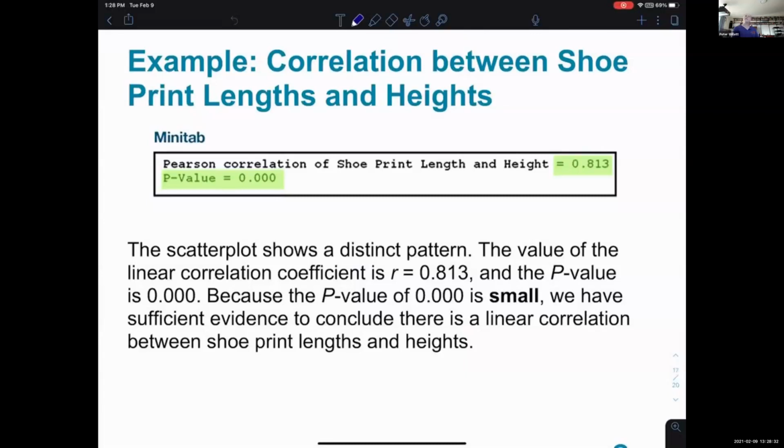The value of the linear correlation coefficient was now over 80%, and the p-value dropped down to nothing, at least to 3 decimal places. Because it's basically saying there's no chance that you could have taken 40 data values and gotten an 80% correlation coefficient by random chance, we have sufficient evidence to conclude there's a linear correlation between the shoe print lengths and the heights.